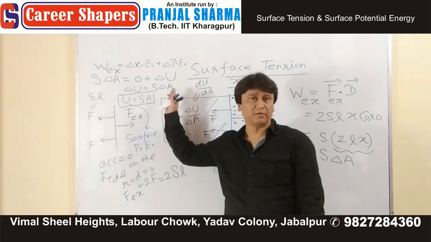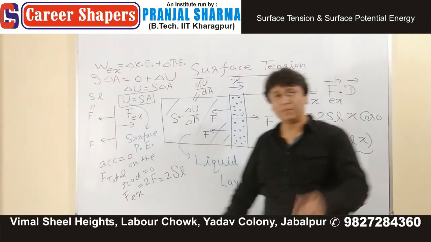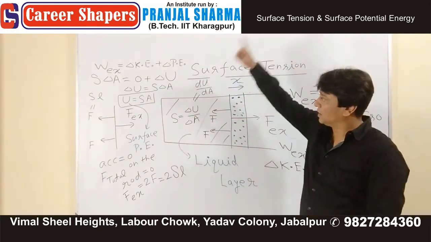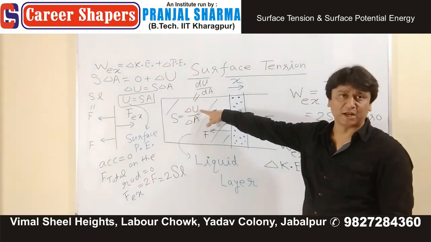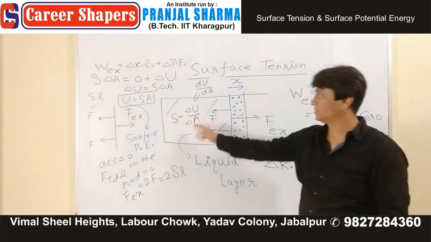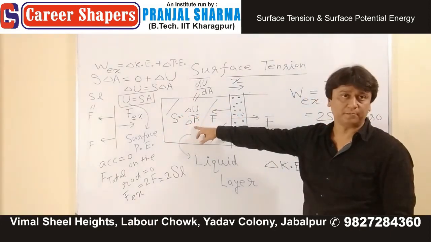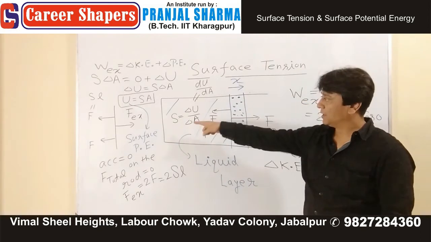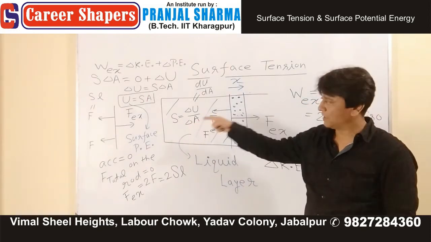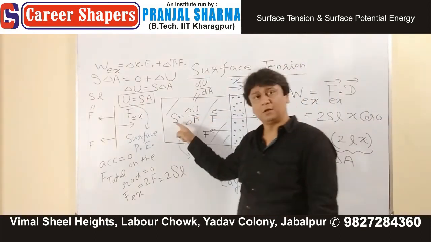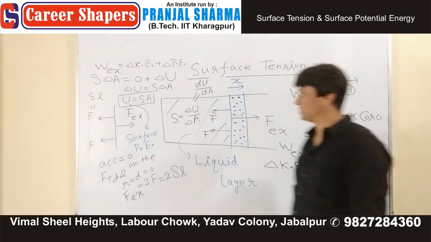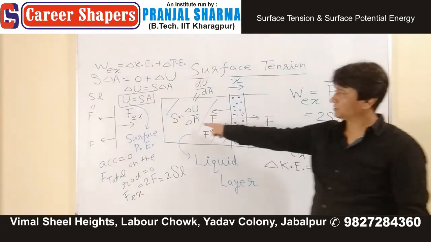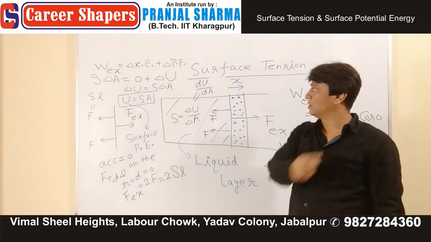That's what we are doing in this part. And then what we are saying is that change in surface potential energy per unit change in surface area is a constant. And this constant is called what? Surface tension. Write down this and then write down the statement.